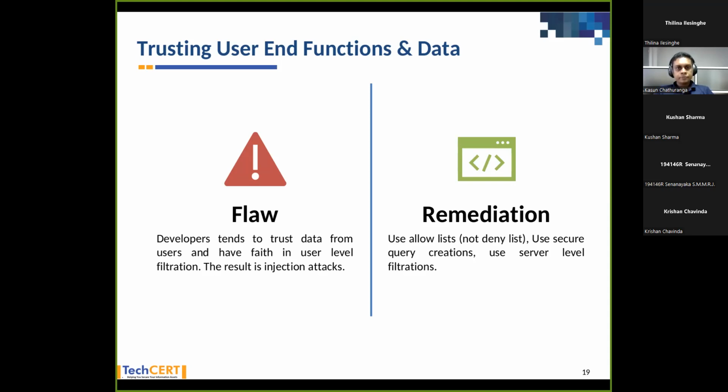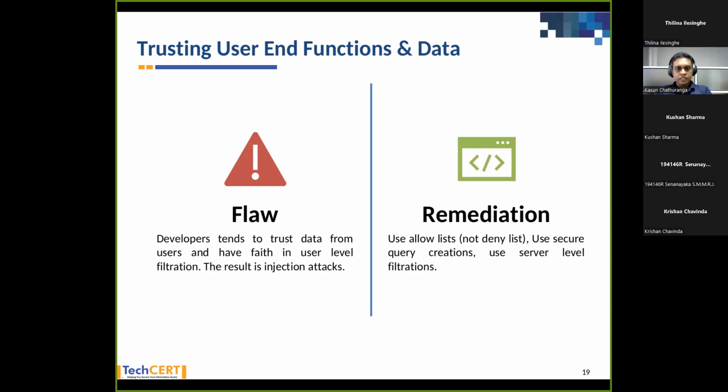Basically, for this, the recommendation is never trust user sent data, and never use a blacklist or deny list; use an allow list or whitelist. Just doing blacklisting may not filter out or may not give an adequate security level.